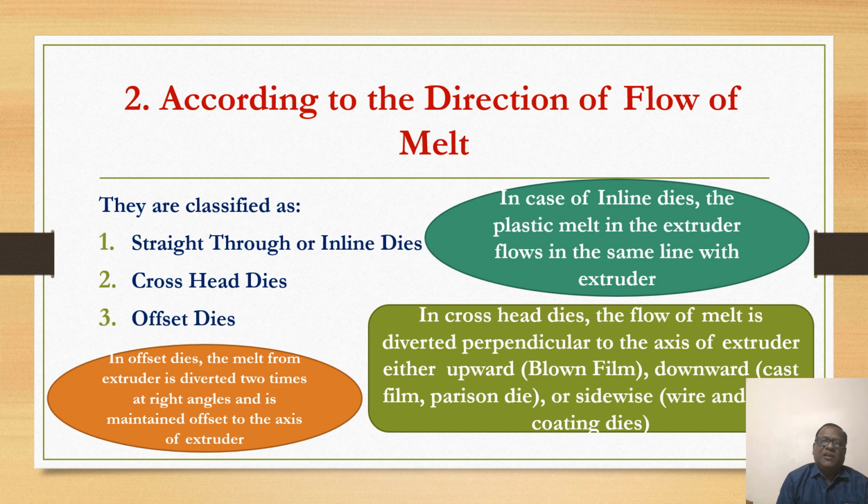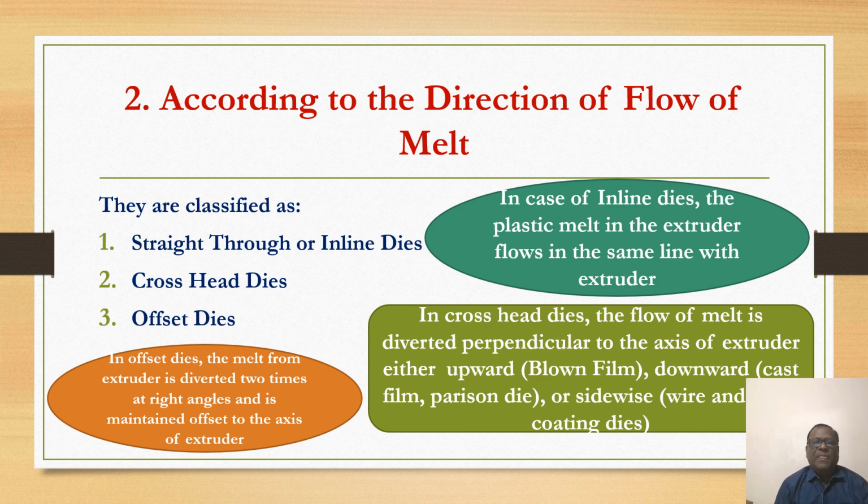Suppose it is coming along the horizontal direction. It will enter along the same axis. That means the axis of your extruder machine and the axis of this die will be a single line.